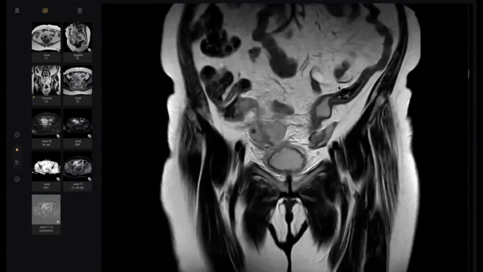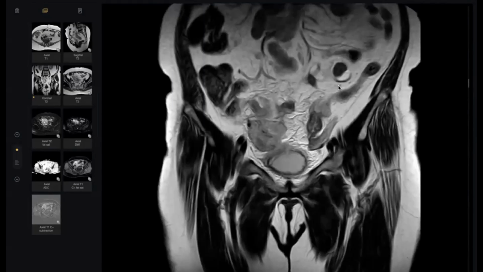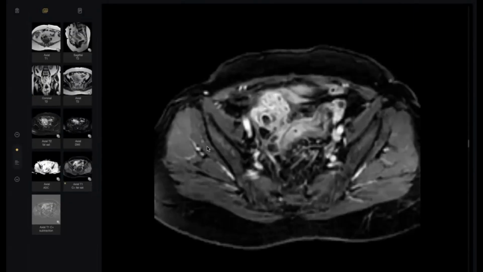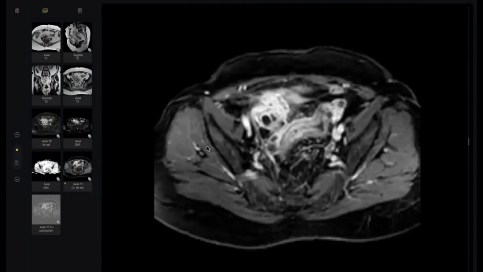Because this is a T2 weighted image, some areas are cystic and some areas are solid. So can I have an axial contrast enhanced image of this patient? Go on. Okay, let me scroll.